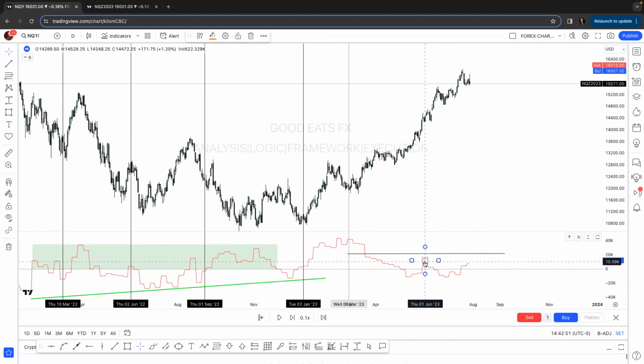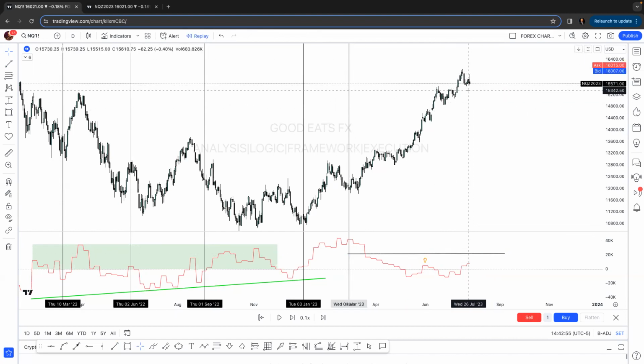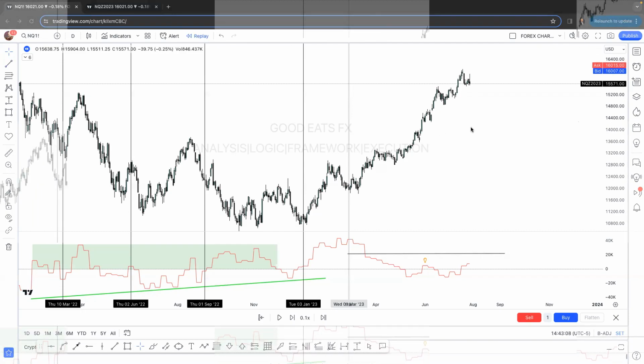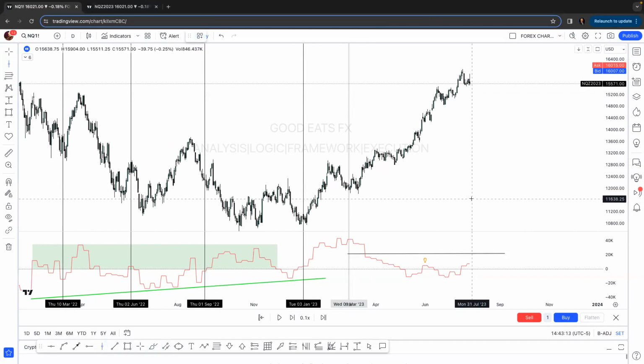If I see them run above this high here, and I see the change of state of delivery here, I can now pair that with a seasonal tendency, expecting price to essentially give me a change of state of delivery, right? Do I have that change of state of delivery as it stands right now? We are going into August here.